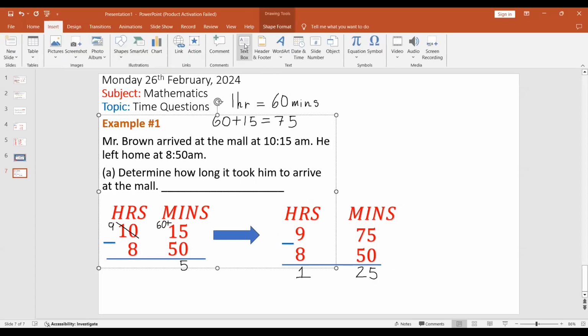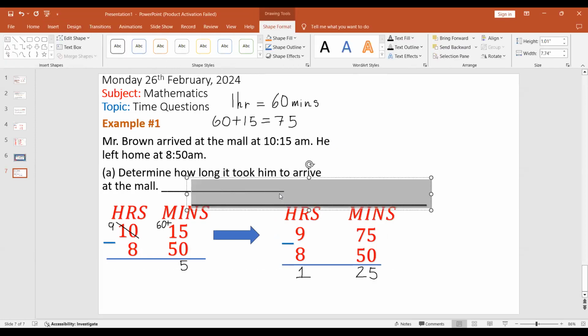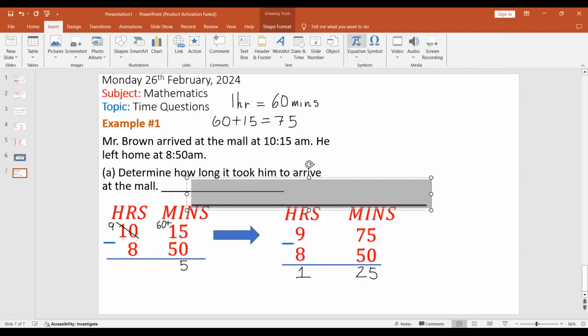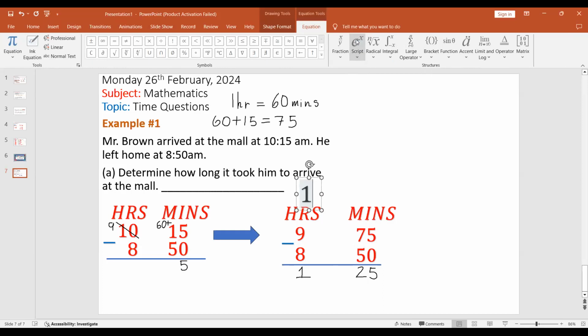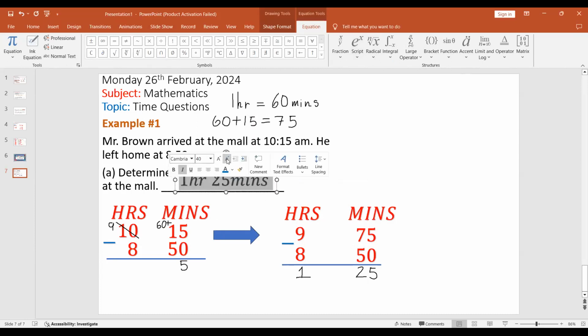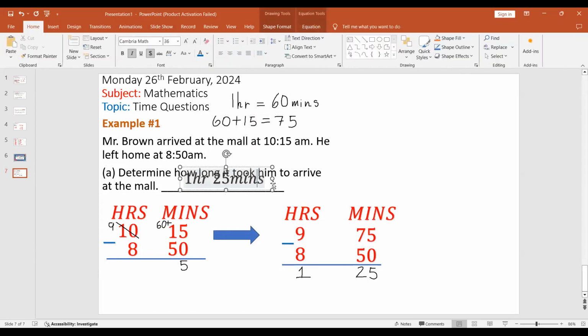It took him 1 hour and 25 minutes. And that's how we get the time it took him to arrive at the mall. 1 hour and 25 minutes.